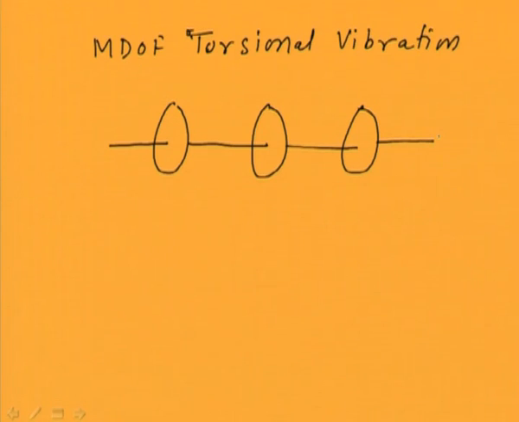Here we are assuming that the shaft is flexible but has no mass, and the discs are rigid and have polar mass moments of inertia. We can consider any number of discs here, but for the time being we are considering only 3 discs, but this method can be extended to any number of discs.